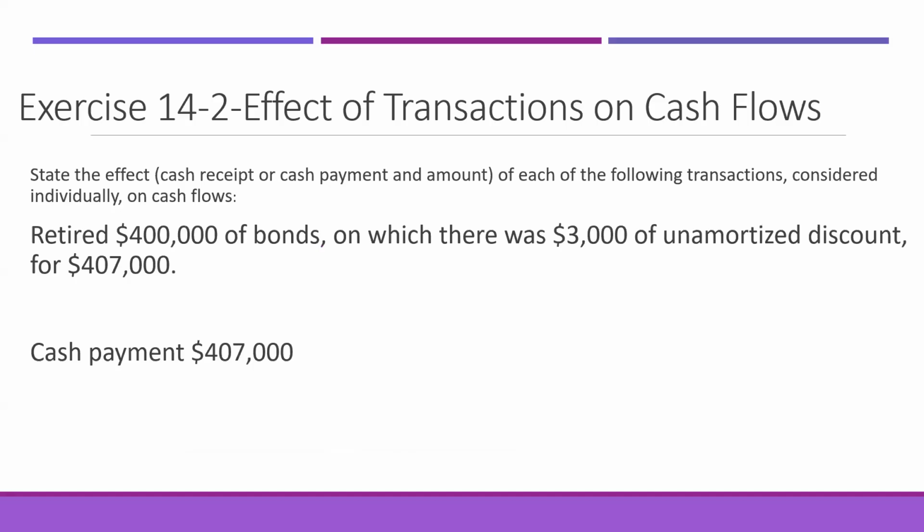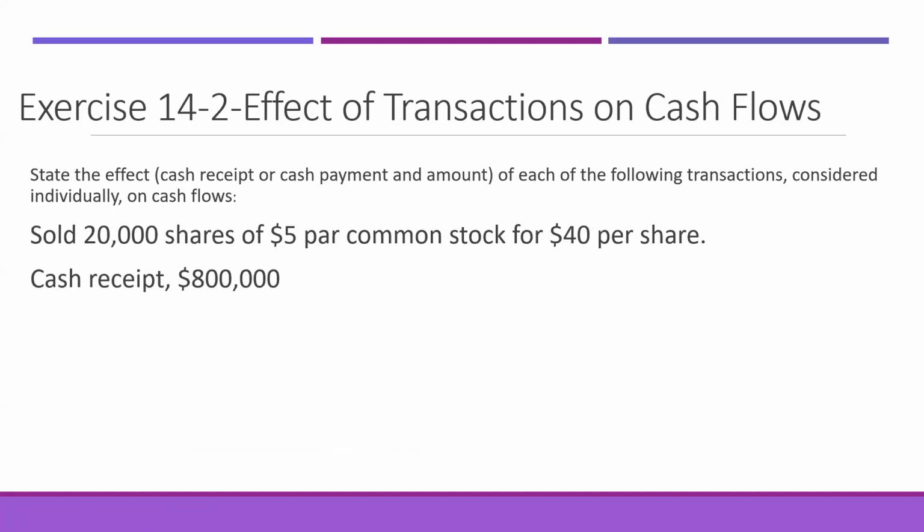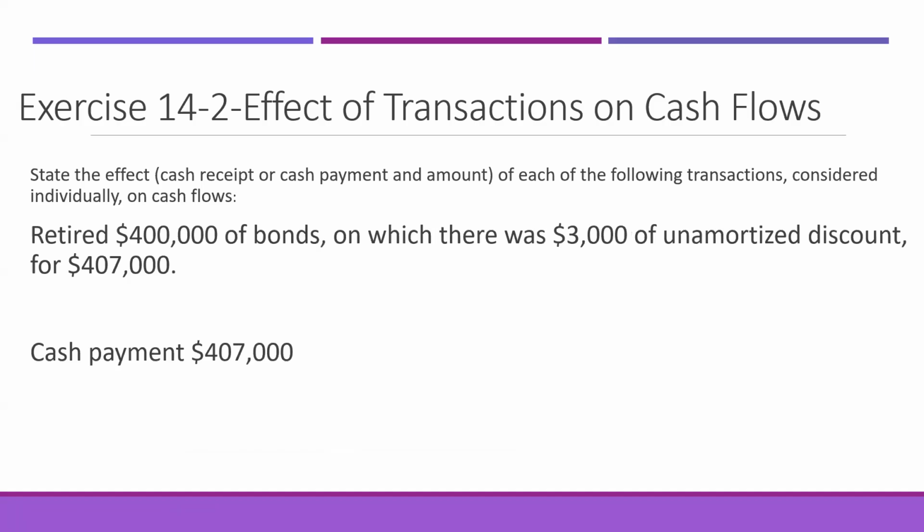First transaction, the company retired $400,000 in bonds. There was $3,000 of unamortized discount, and they paid a cash payment of $407,000. And so the impact to the statement of cash flows would be financing activities of the amount of cash actually paid, $407,000.